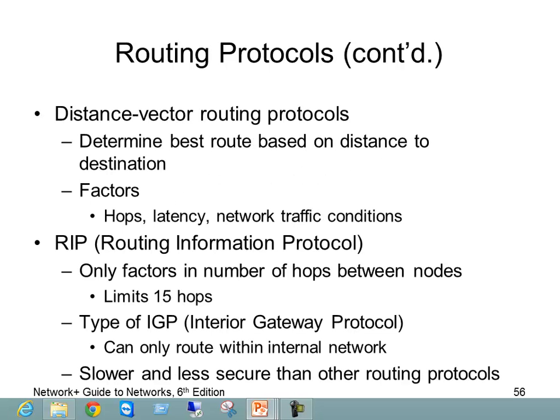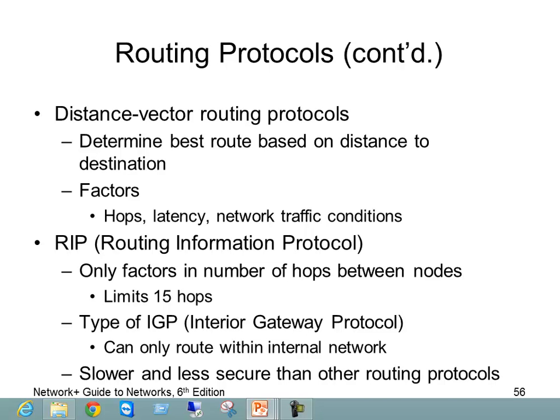So some of the routing protocols, distance vector protocols, determine the best route based on distance. Distance is the hops, latency, or network traffic conditions. And an older one that's easy to understand is RIP. And RIP only looks at hops between connections. But RIP has a limit of 15 hops.